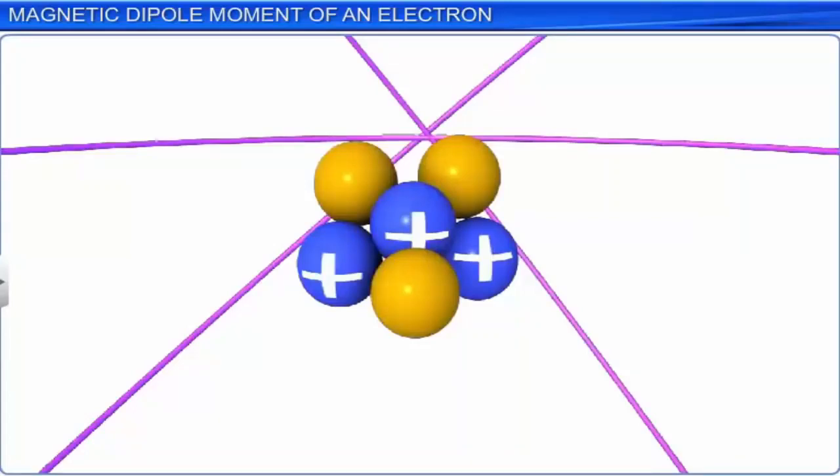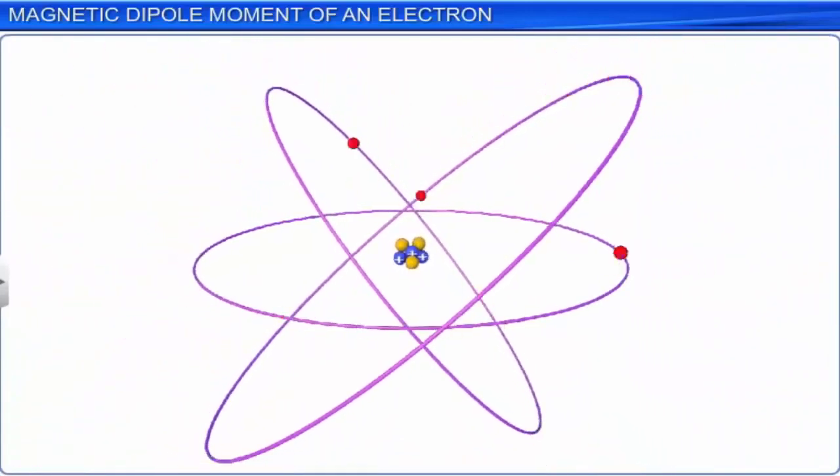That is, they are electrically neutral. Thus, the net charge of the nucleus is positive. Electrons revolve around the nucleus in circular orbits due to the electrostatic force between the electrons in the orbits and the protons in the nucleus.